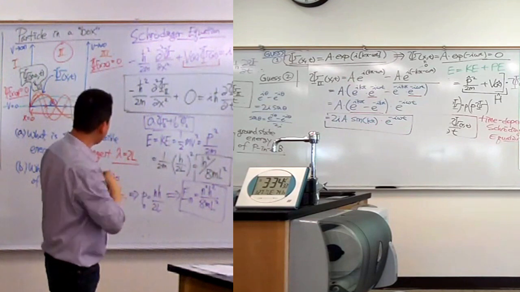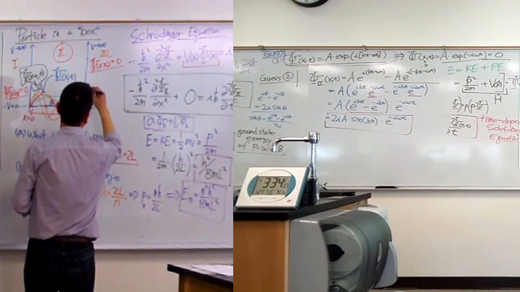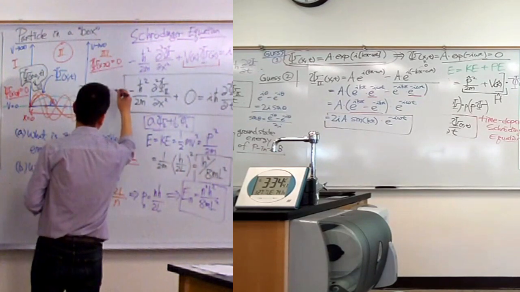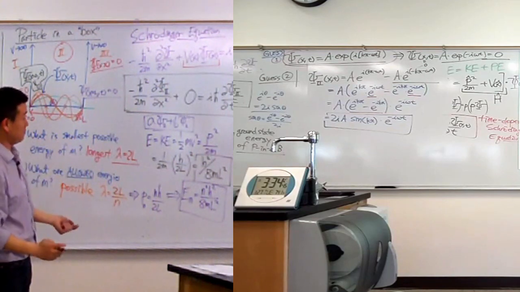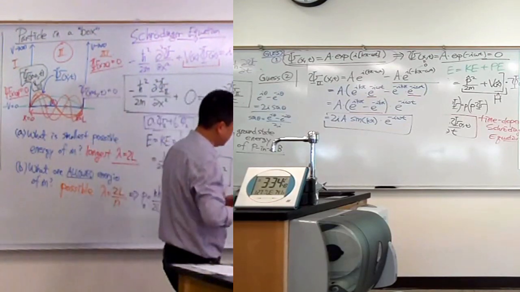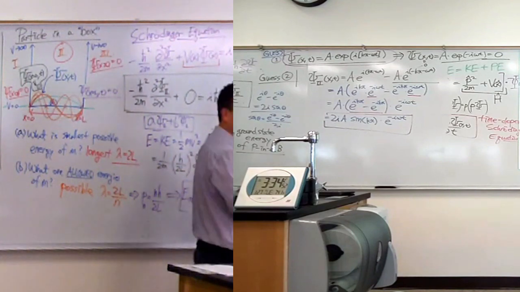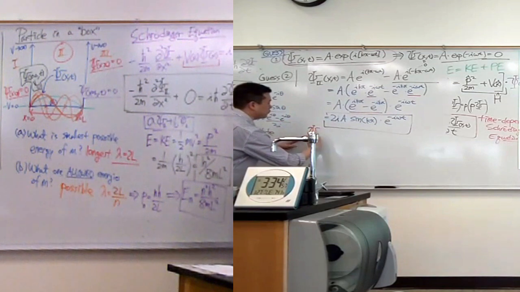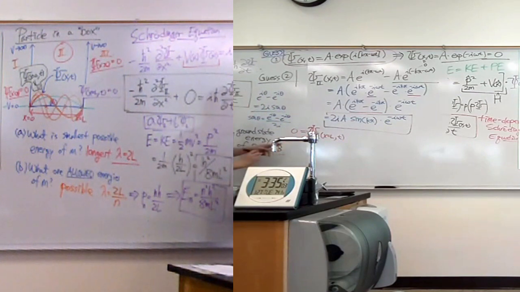Good? Now we have the boundary condition at the other end. We have this condition that psi at x equals L should also be equal to 0 at all moments in time. So let me just write down the equation and see if there's a condition we can impose. If we write psi of x equals L, t, we want this to be equal to 0.